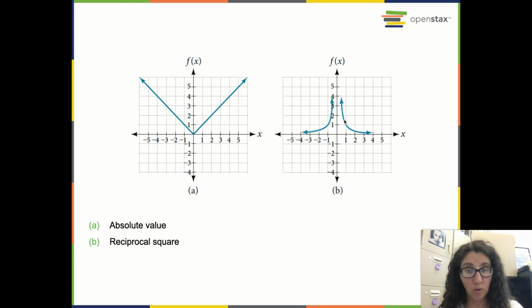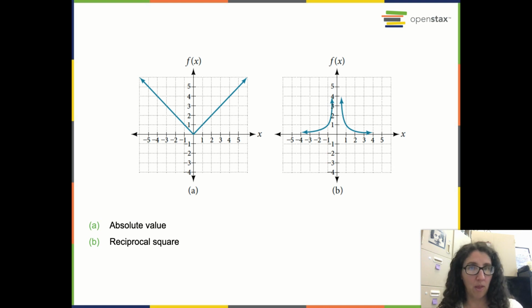Or same thing over here, except if I said solve f of x equals 1, well, 1 and negative 1, okay? So you can see how that could be a problem going the other way, right? Going the other way is like solving it, like setting it equal to a value.